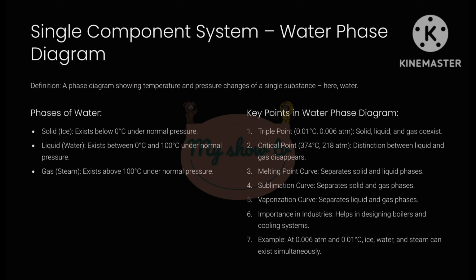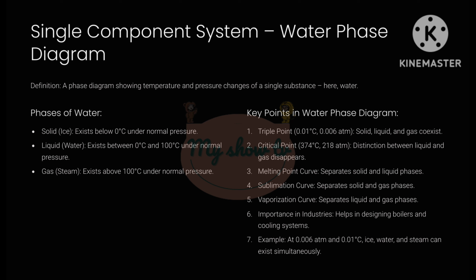3. Melting point curve, this boundary line separates the solid and liquid phases. 4. Sublimation curve, this curve shows the transition from solid to gas, bypassing the liquid phase. 5. Vaporization curve, the boundary where water changes to steam. 6.